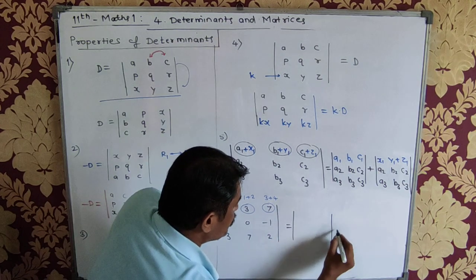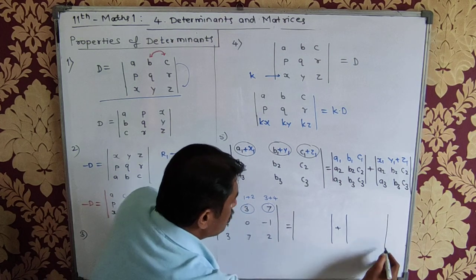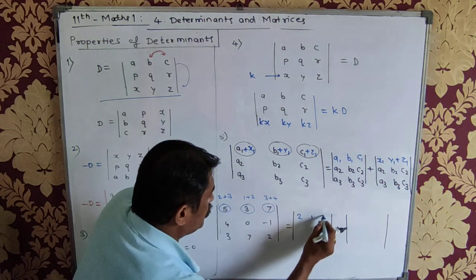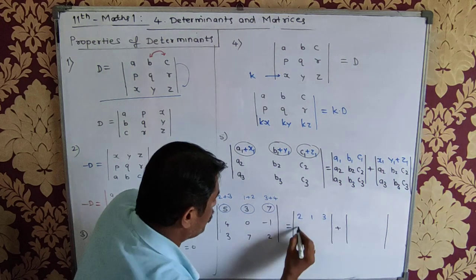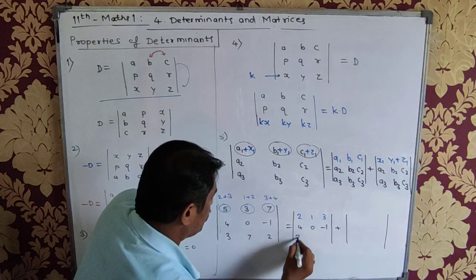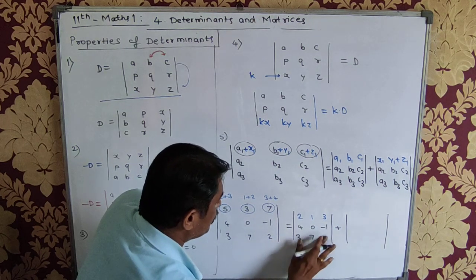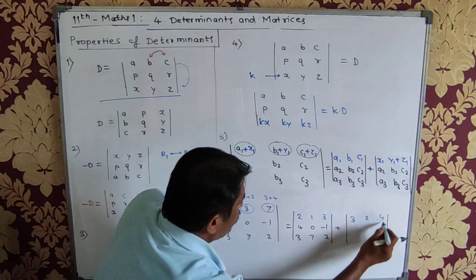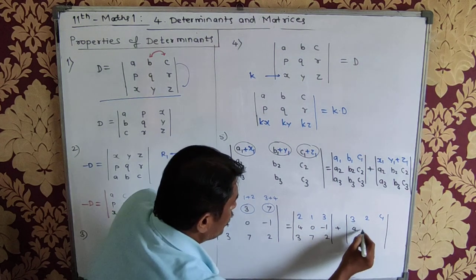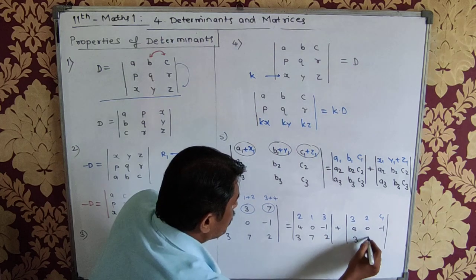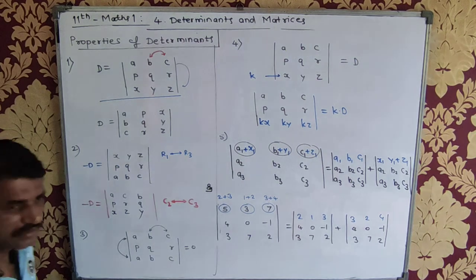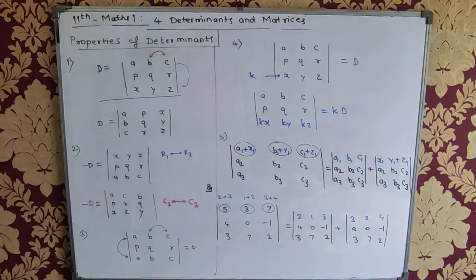Can you tell me which two determinants? 2, 1, 3, correct. 2, 1, 3, 4, 4, 0, minus 1, 3, 7, 3, 7, 2, and 3, 2, 4, 3, 2, 4, 4, 0, minus 1, 4, 0, minus 1, 3, 7, 3, 7, 2. That's it. Okay? That's the property.